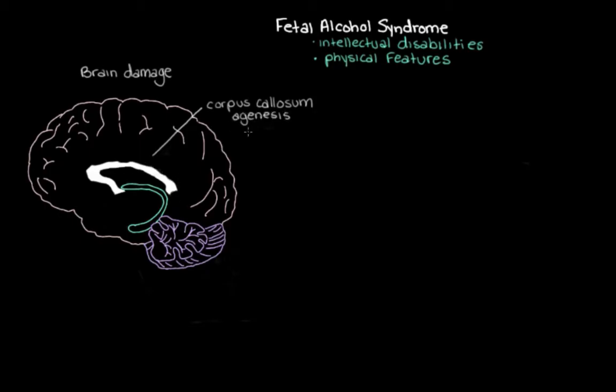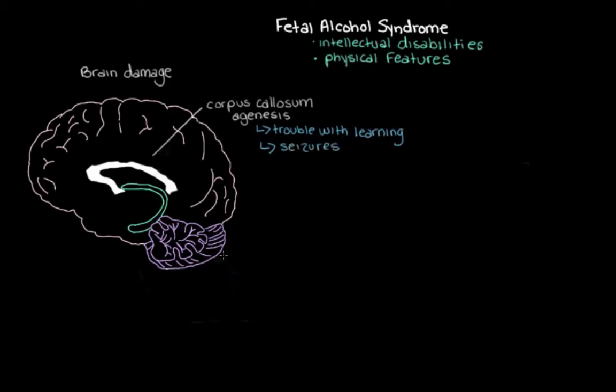And agenesis means that the structure, in this case the corpus callosum, didn't form properly because some of those neurons died. So since the corpus callosum is really important for these hemispheres of our brain to be able to communicate with each other, some of the things that we can see when the corpus callosum is lost are trouble with learning, trouble with communication, and sometimes seizures.